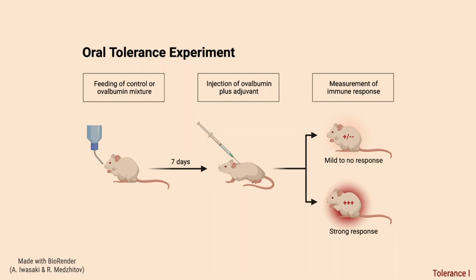It was called LTI1 and 2, before the discovery of CD4 and CD8. Initially, they thought it was CD8, then they saw it was CD4. If you take CD4 T cells that are regulatory from this animal and transfer to a naive animal, these T regulatory cells will suppress the development of the immune response in the same way that they suppressed it here. So it's an active suppressor mechanism.